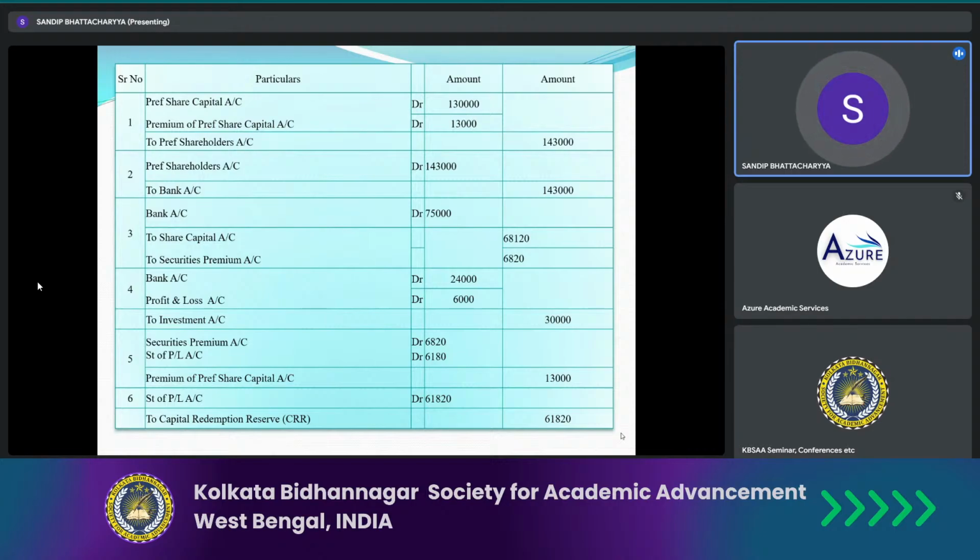So this is the main synopsis of the sum of the redemption of preference shares. If you classify these 5 categories of sums, understanding and managing this redemption of preference shares will ultimately help the company to manage the liquidity, to manage the shareholder expectation, and to comply with the various types of regulatory requirements.